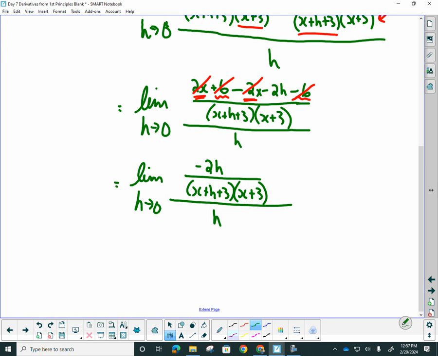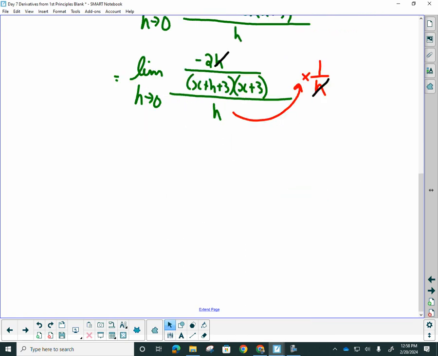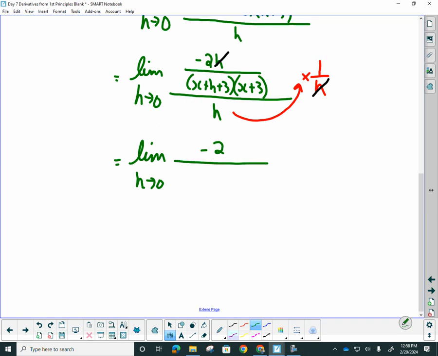And now I am dividing by h. And so I'm going to use the same idea that I did yesterday. When I divide by h, I'm going to multiply by the reciprocal, 1 over h. And by multiplying by 1 over h, I can divide by h's, and I will be left with the limit as h approaches 0 of just negative 2 over this fraction, which is x plus h plus 3 over x plus 3.